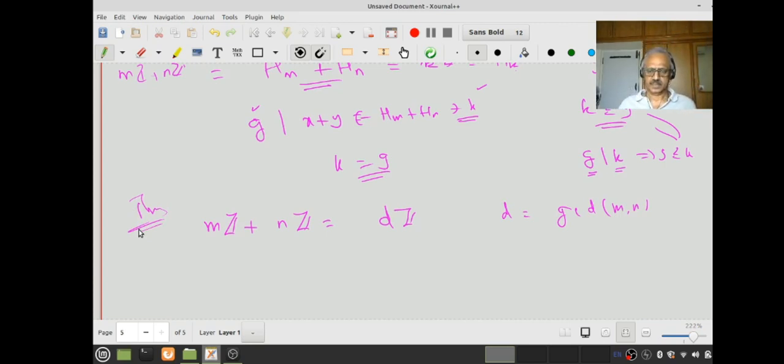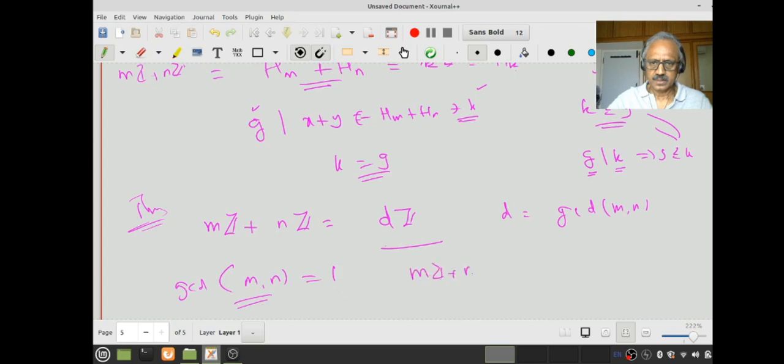Let us observe one or two more things. Now suppose m and n are co-prime, that is, the GCD of these is equal to 1. If the GCD is equal to 1, then what is mz plus nz?